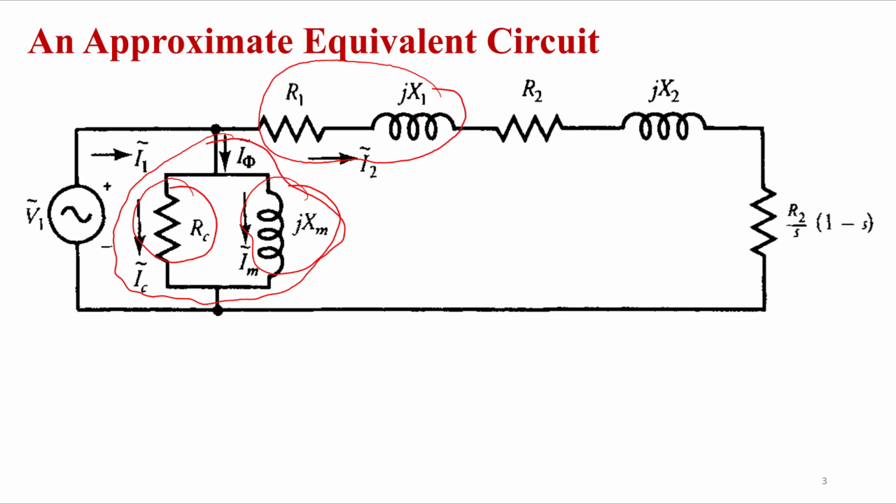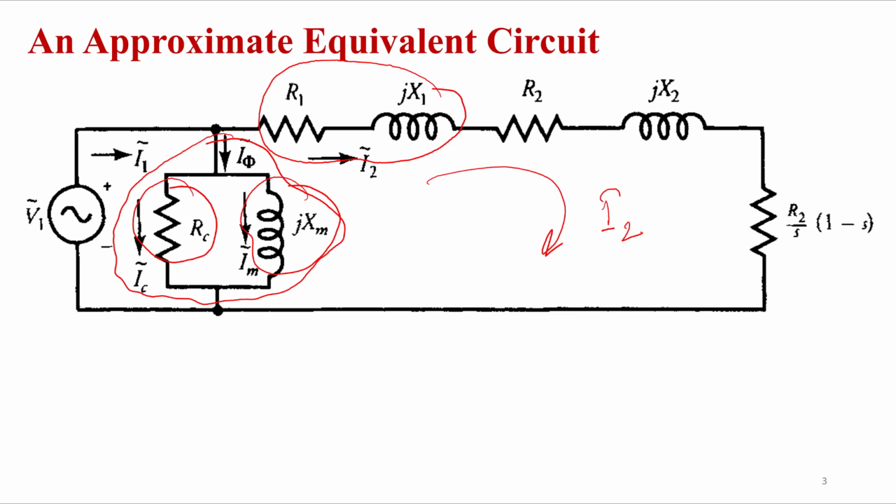So now I can easily find the expression for I2 mathematically, if I know the equivalent circuit parameters, which you determine experimentally in the lab, right? By doing the no load test and blocked-rotor test, you can find R1, X1, R2, X2, right? We'll talk about that also in later classes.